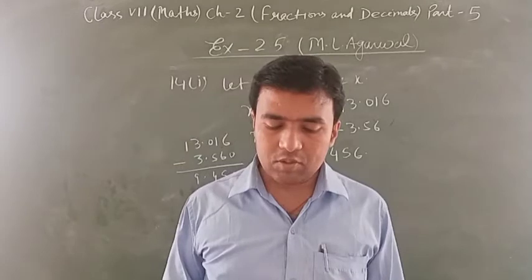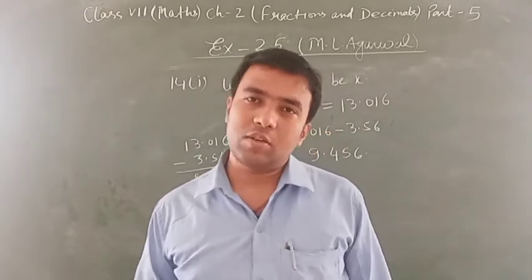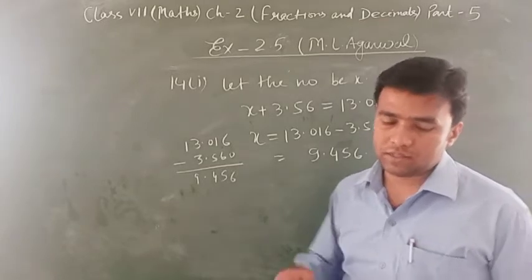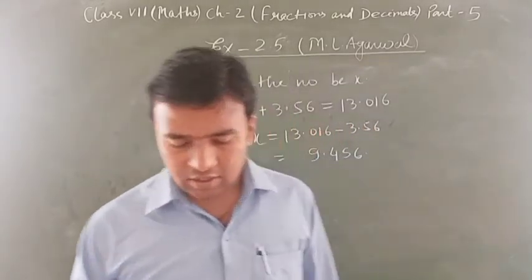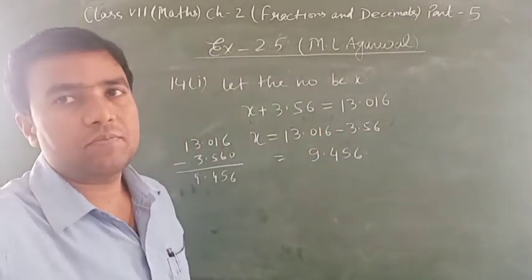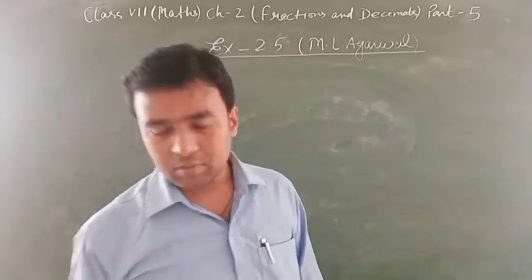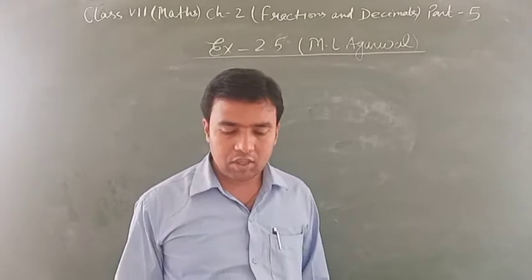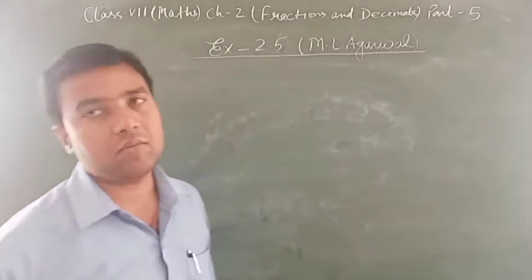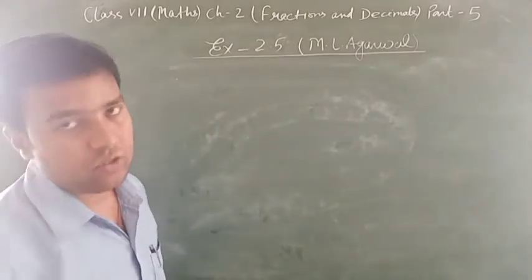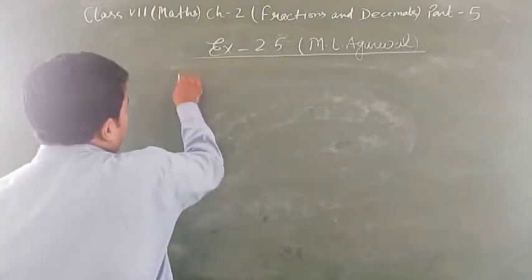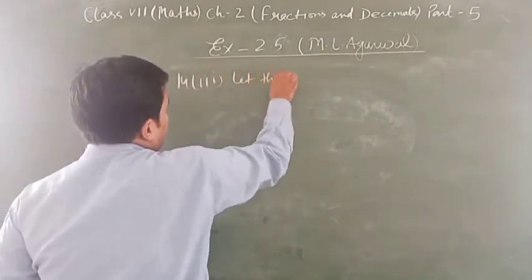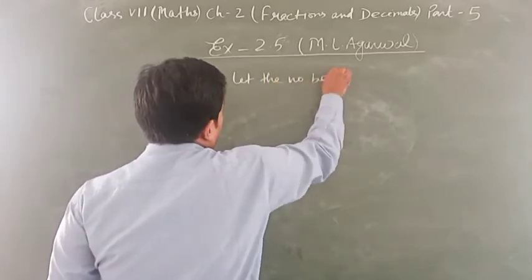Secondly, what number should be subtracted? Same process, but since it says subtracted, you will do minus. Question number 14, third part. This question is a little bit different. What is the excess of 20.4 over 9.7403? Let the number be x.